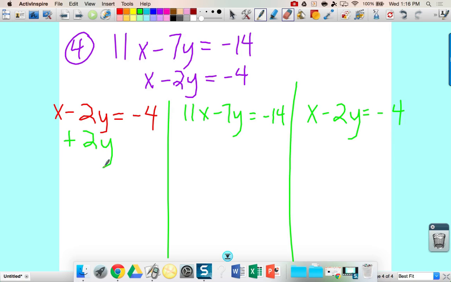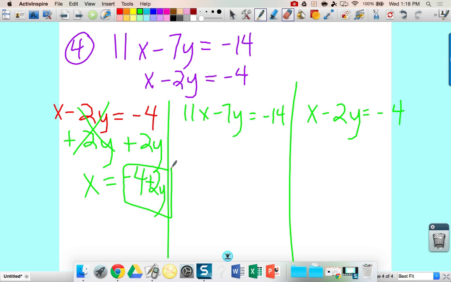I'm sorry, Alyssa. I'm going to add 2y on both sides to solve for x. Okay, so x equals -4 plus 2y. So I'm going to substitute that in for x in the other equation.